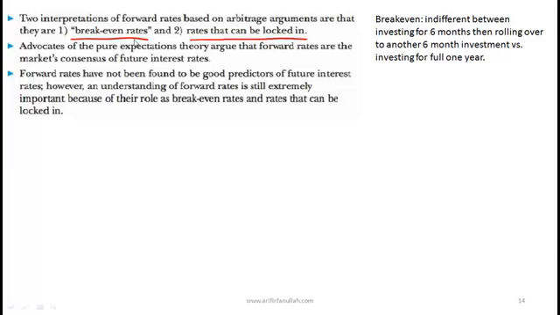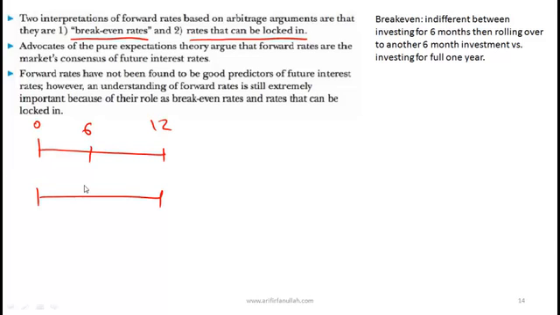What do we mean by break-even rates? A break-even concept of forward rate means that, let's say you have two options. One is to invest in a 6-month bond and then sell that 6-month bond and invest in another 6-month bond.